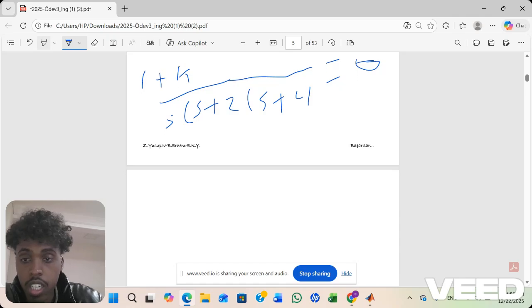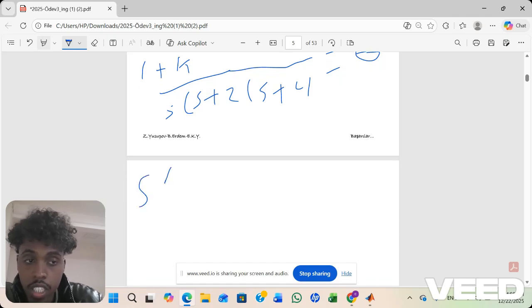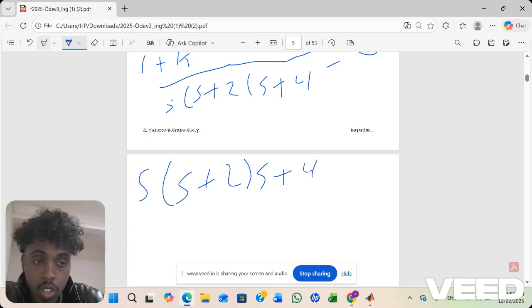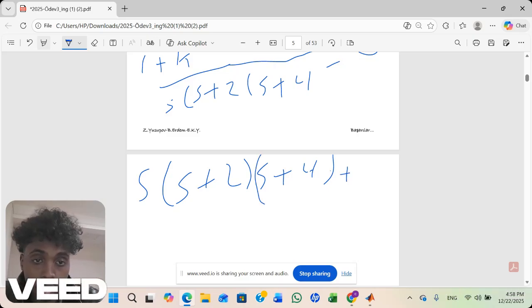So we say s(s plus 2)(s plus 4) plus K, and this equals 0.